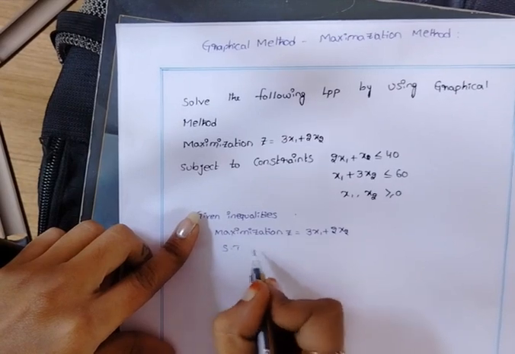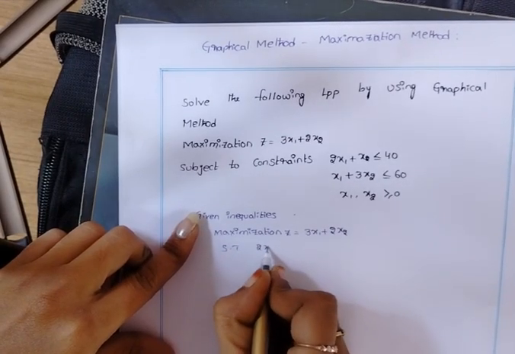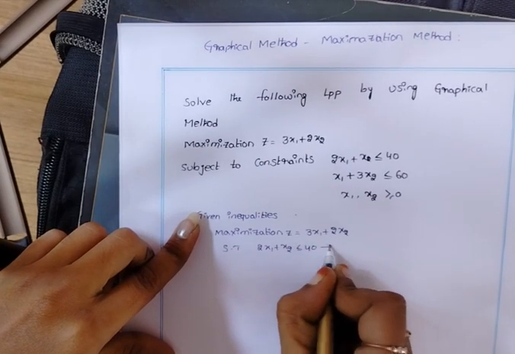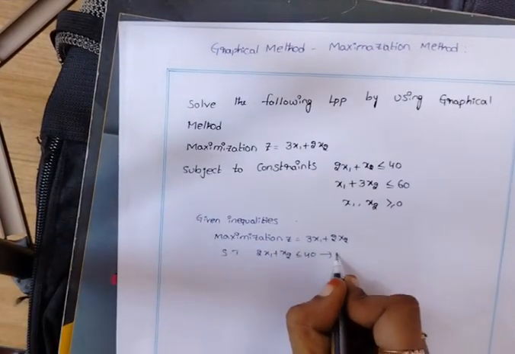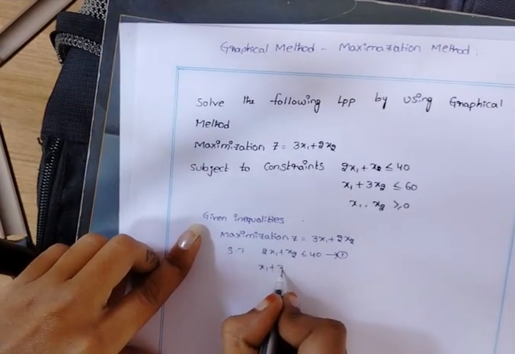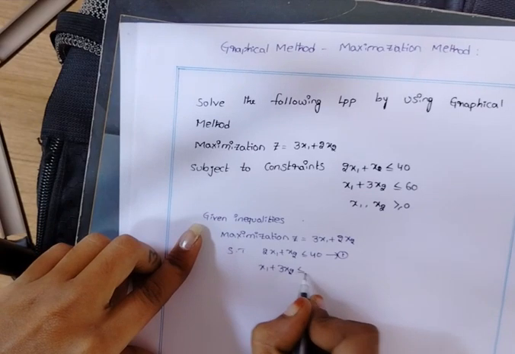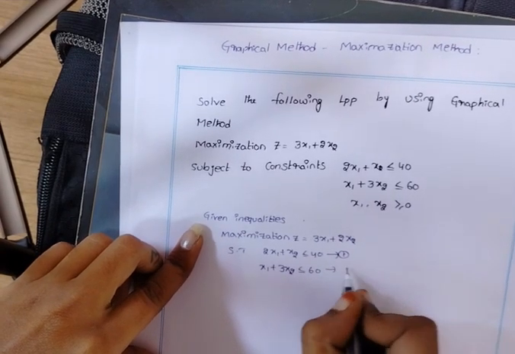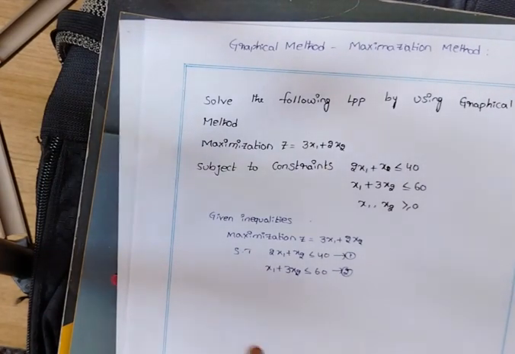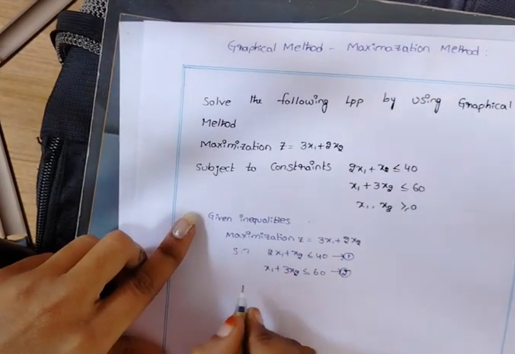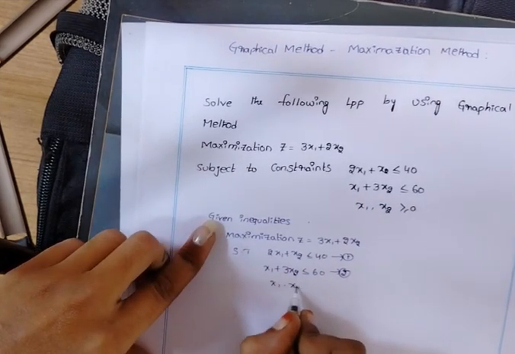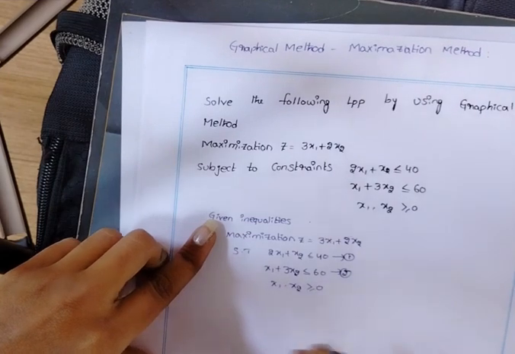Subject to constraints, 2x1 plus x2 less than or equal to 40. This is the first constraint. And the second constraint is x1 plus 3x2 less than or equal to 60. So now we have two constraints. x1, x2 greater than or equal to 0.